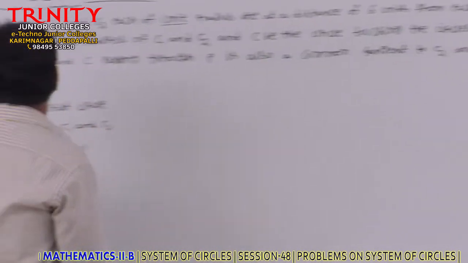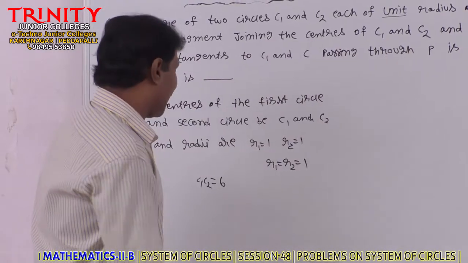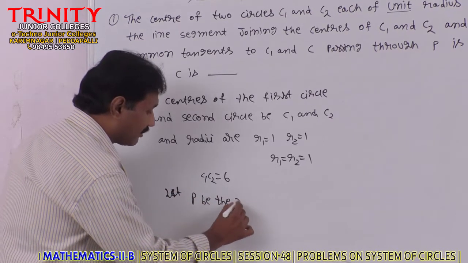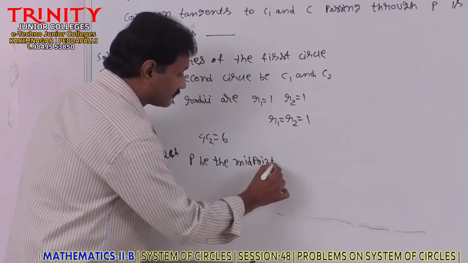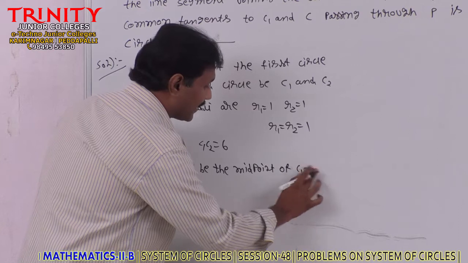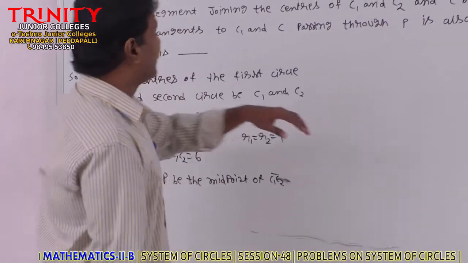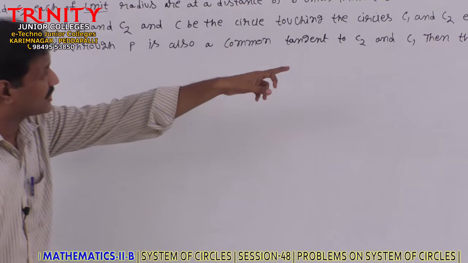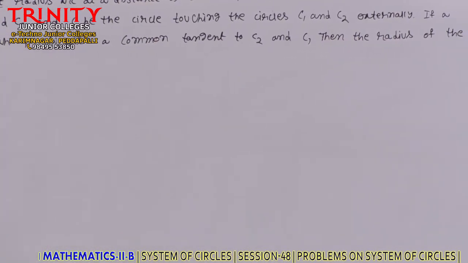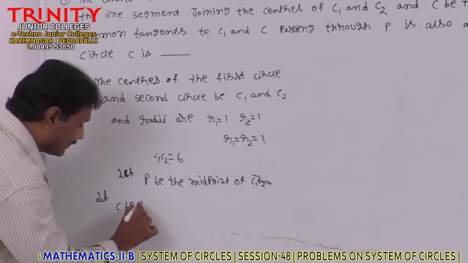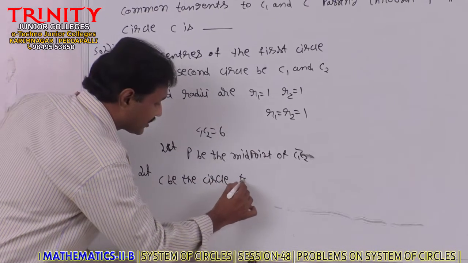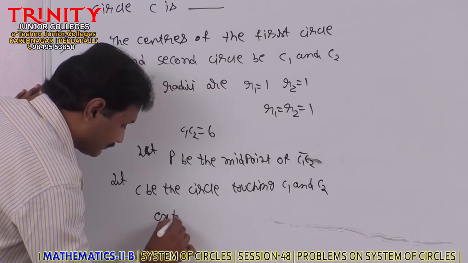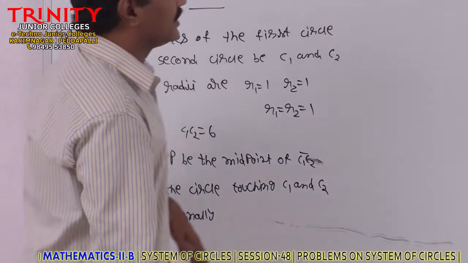Let P be the midpoint of the line segment joining the centers C1 and C2, and let C be the circle touching the circles C1 and C2 externally.